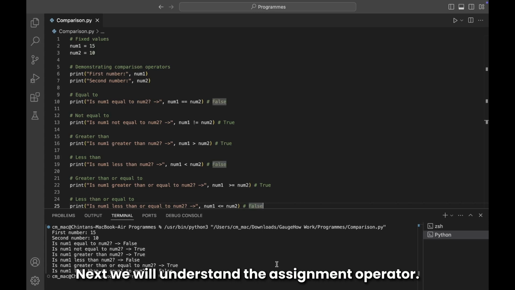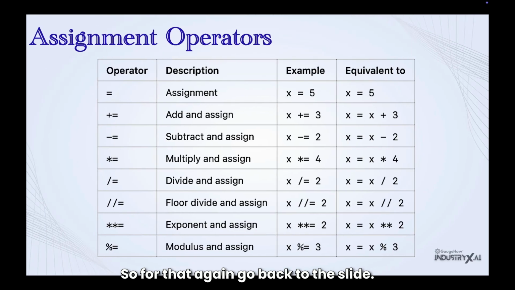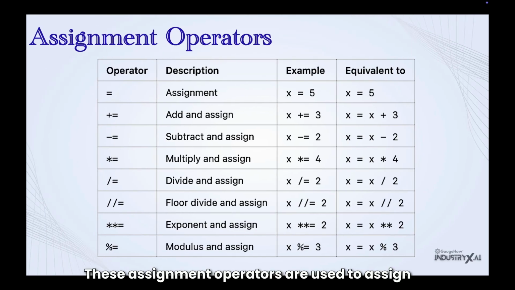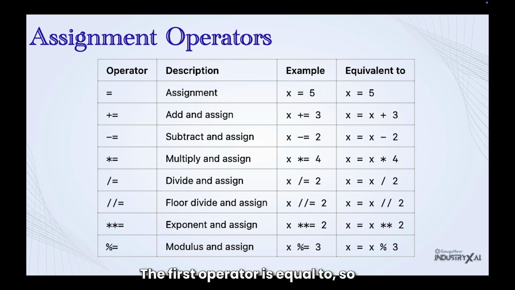Next, we will understand the assignment operator. For that, let us go back to the slide. These assignment operators are used to assign values to variables, and there are different methodologies to provide the assignment. The first operator is equal to, which will directly assign the value. If we have written x equal to 5, then the value 5 will be assigned to x.